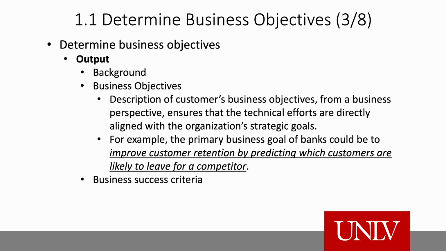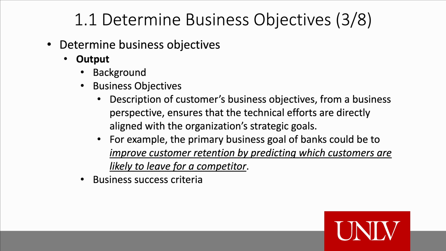The second output is the formal list of business objectives. These are written in plain business terms to ensure that technical work directly supports the company's strategic goals. Without a clear understanding of what the business wants to achieve, even the best analysis can become irrelevant.